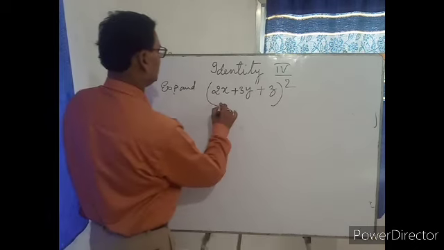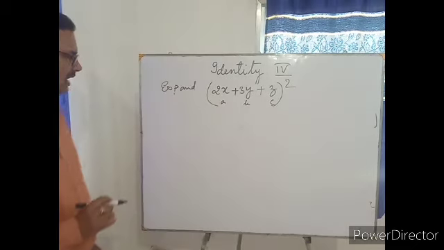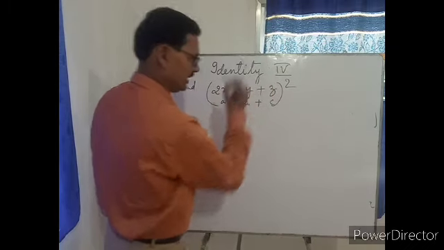Now you can understand it is equal to A, it is equal to B and it is equal to C. So we are having (A plus B plus C) whole square.